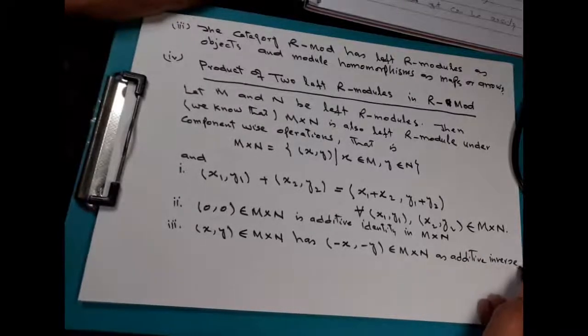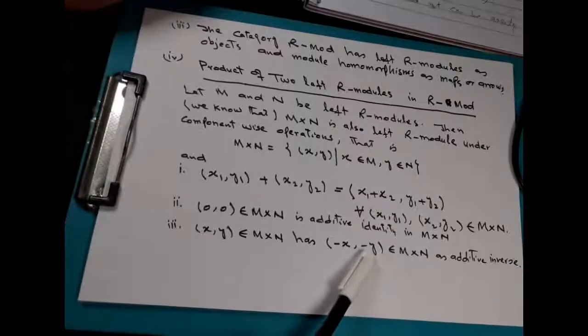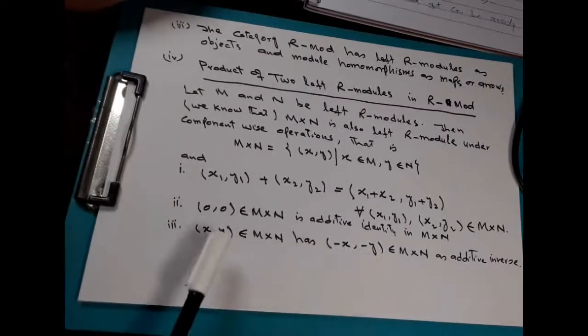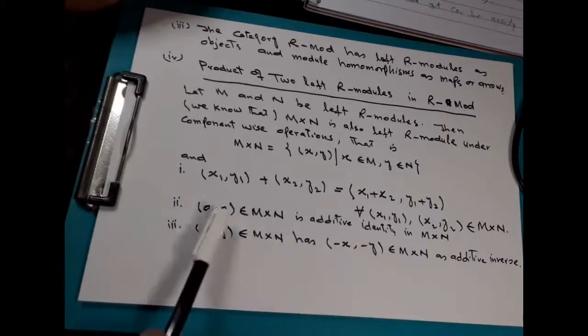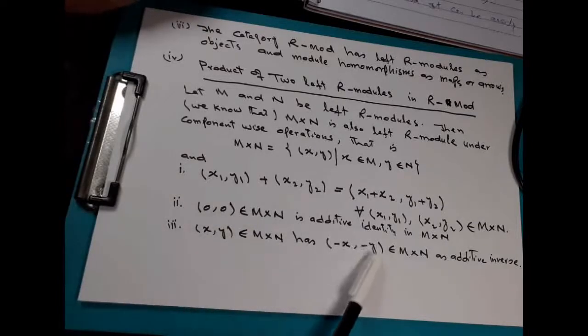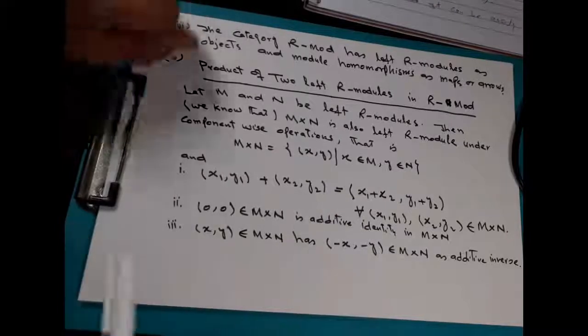In fact, what I am saying is that the ordered pair (-x, -y) is the additive inverse of (x, y), because x added with -x will be 0, y added with -y will be equal to 0. So this is additive inverse of (x, y).